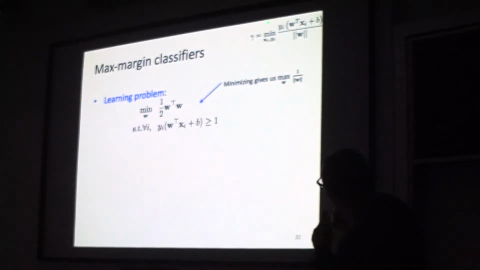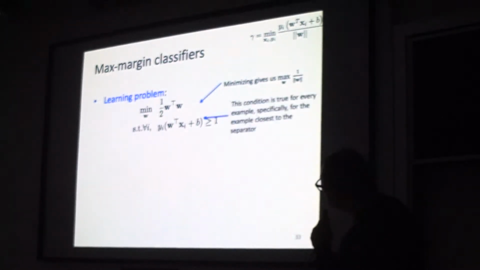And to ensure that your W and B are inside the space where the minimum of this numerator is 1, we need to put in a list of constraints. That is, for every example xi, we require the function margin to be at least 1. Because all the function margins are at least 1, their minimum value is 1.